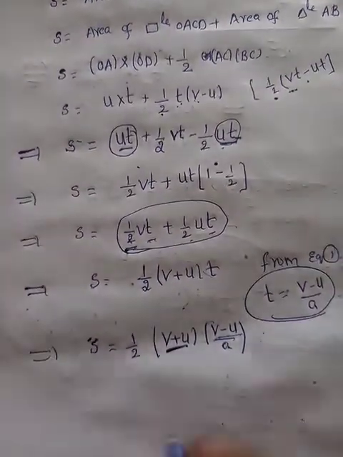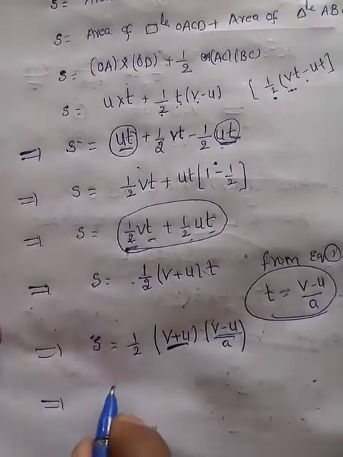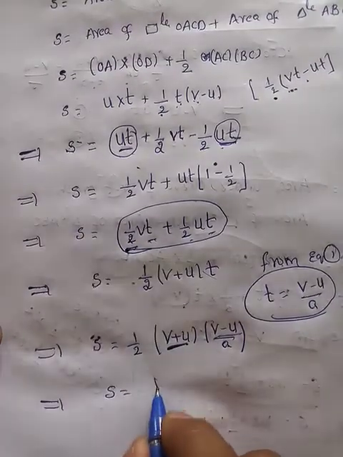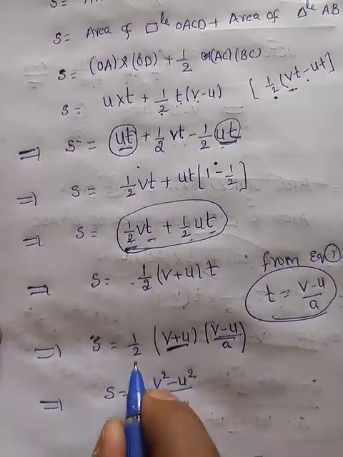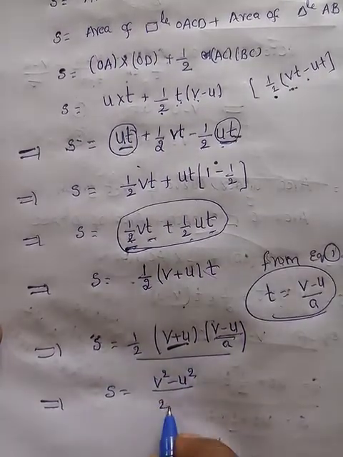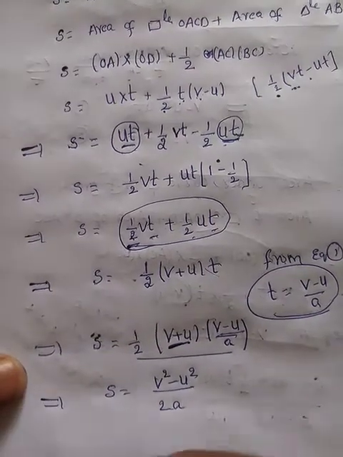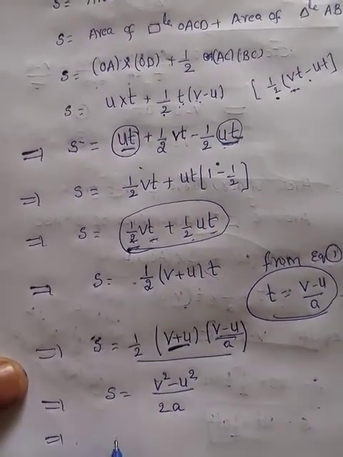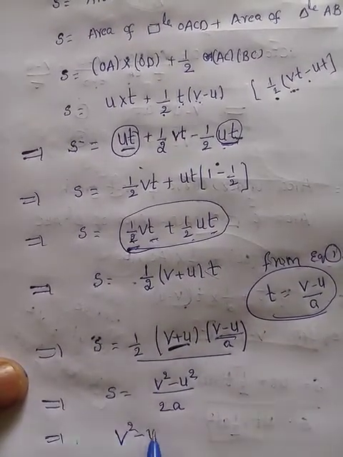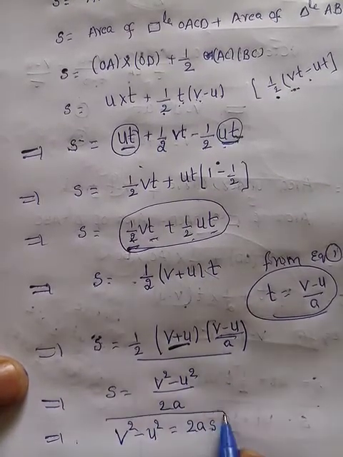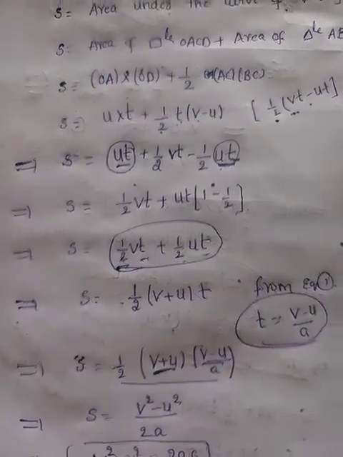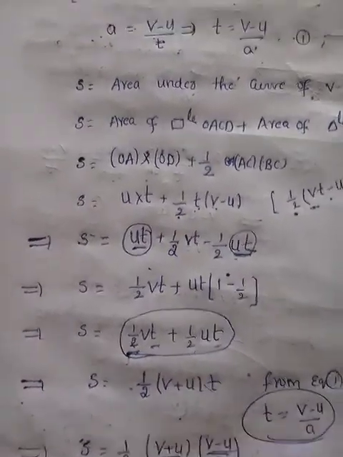What is the formula? a square minus b square. So a is v, so v square, b is u, v square minus u square, divided by what are the two terms we left here? 2 into a. Got the equation. See, v square minus u square is equal to 2as. So that is the equation required, we got, right?